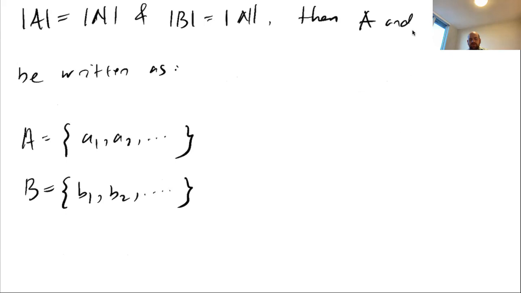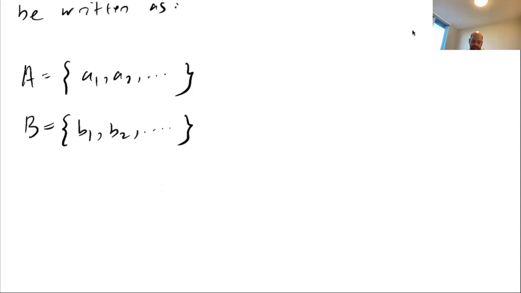What do you think? What would be the first element of A union B? Well, I could say A1, for example. Thus, A union B, let's say A1 as the first element. What would you list as the second element?